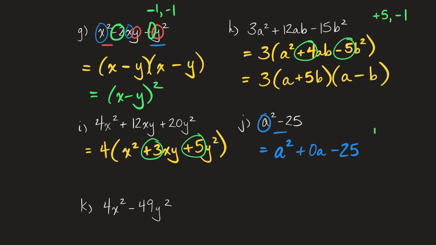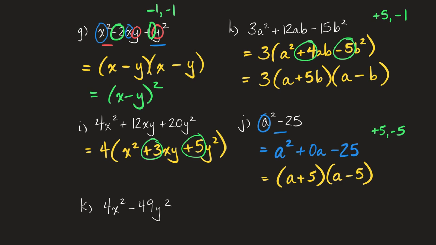Well, that would be a positive 5 and a negative 5. The positive 5 and the negative 5, they would cancel out when we bring them together. There's my 0 A's. Okay, so when I factor that, that one actually factors into a plus 5 times a minus 5. If we got that one, then I think we are doing outstanding.